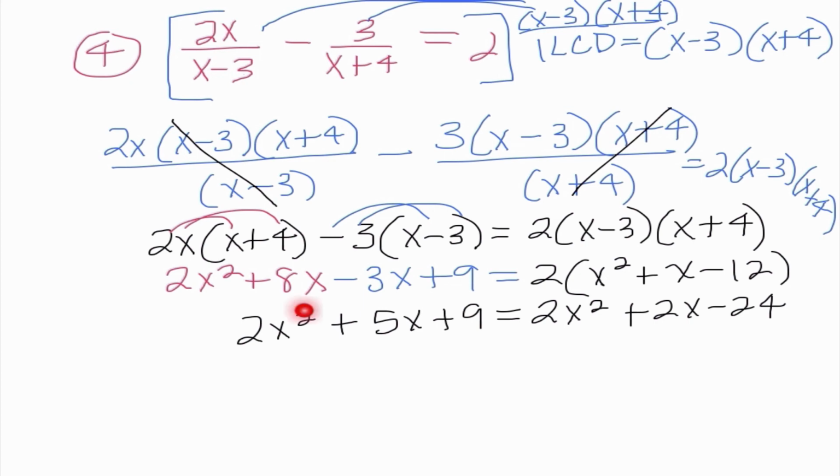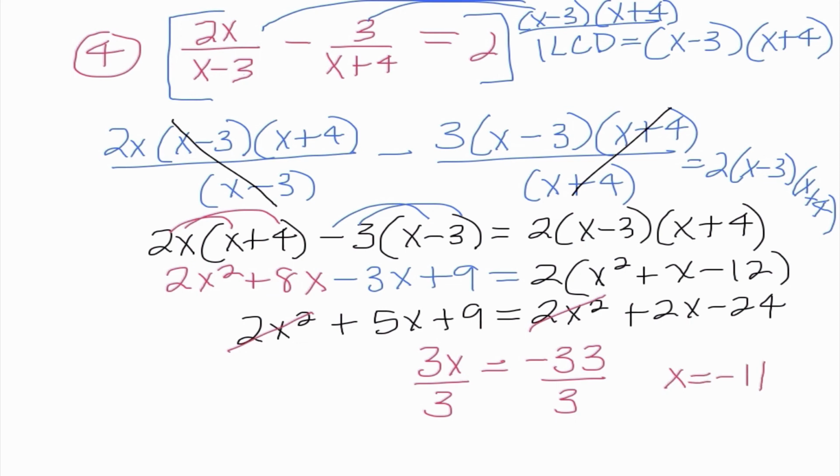But when I try and get my x squared terms together, I notice that they actually cancel each other out. So I'm going to go ahead and subtract 2x from both sides, so I get 3x. And I'm going to subtract 9 from both sides, so I get minus 33. And when I divide both sides by 3, I get x equals negative 11.